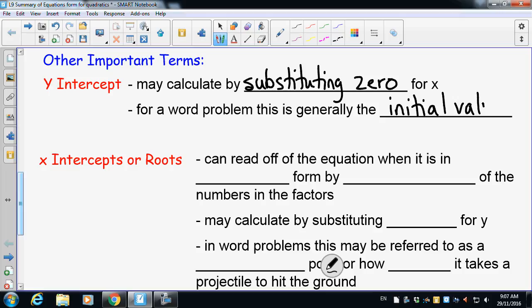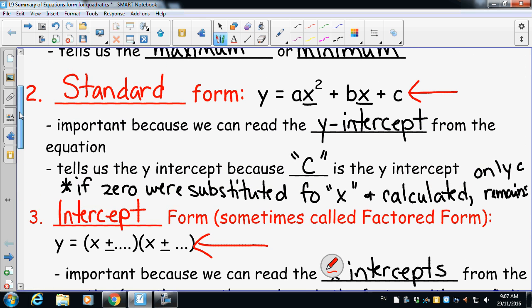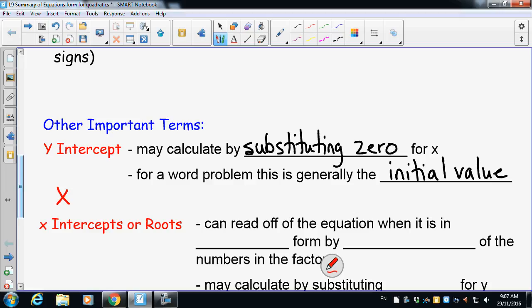So if a word problem is asking to find out where something started, you're looking for the y-intercept. And if we go back to our equations, the y-intercept goes with standard form. So whenever you see the term y-intercept, you want to put your equation in standard form.